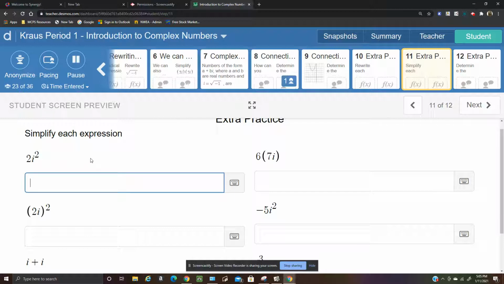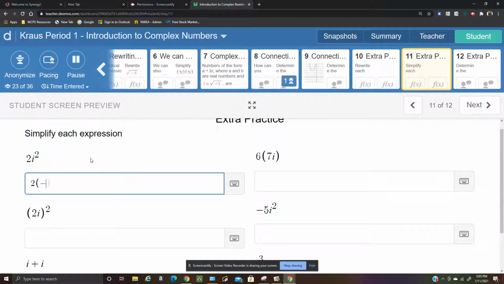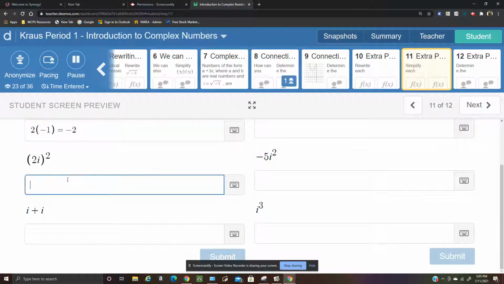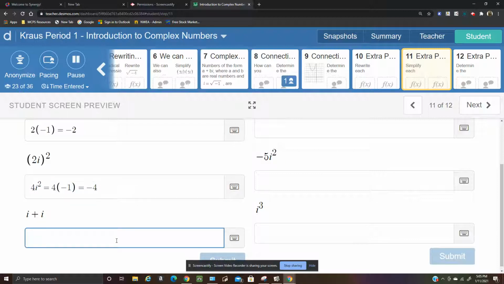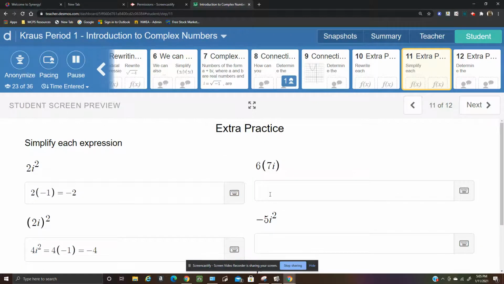Wherever there's an i squared, plug in a negative 1. 2 times negative 1 equals negative 2. And square this whole thing. 4i squared equals 4 times negative 1, negative 4. i plus i, because this is combining like terms, 2i. 6 times 7i, 42i.